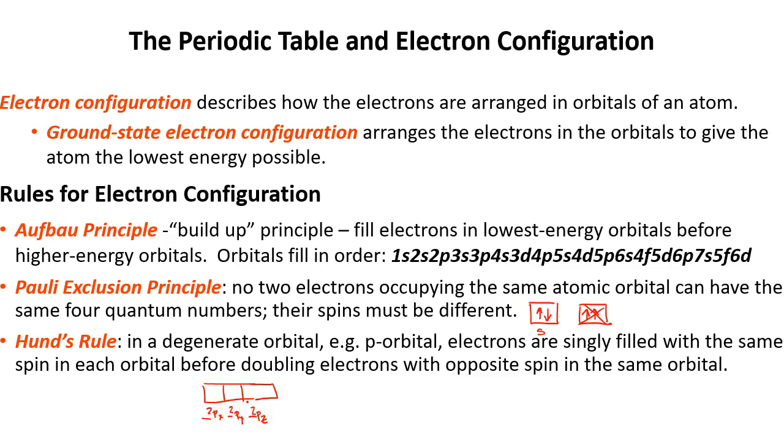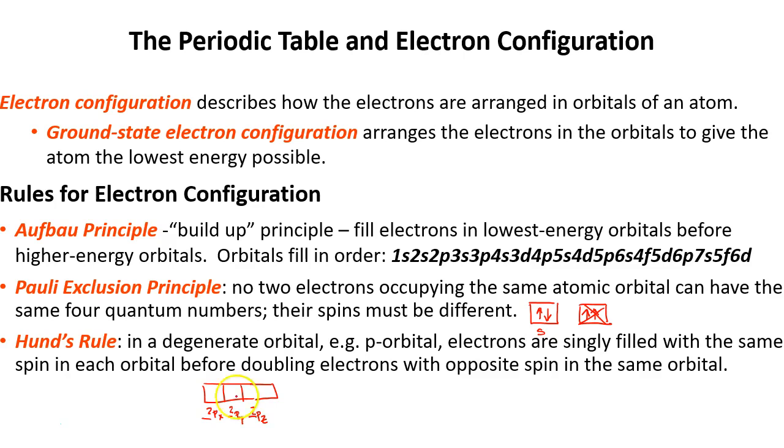All right. At any rate, Hund's rule says that in a degenerate orbital, for example, a p atomic orbital, electrons are first singly filled with the same spin before they are double filled in the same orbital.